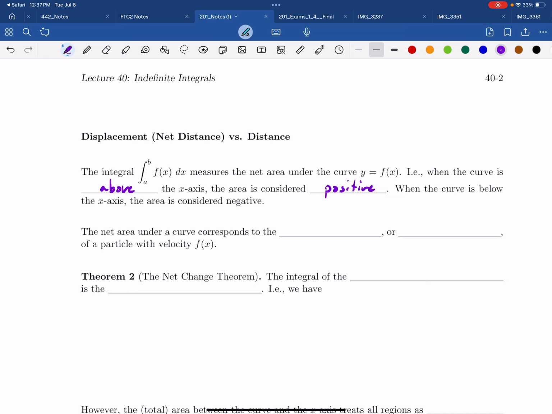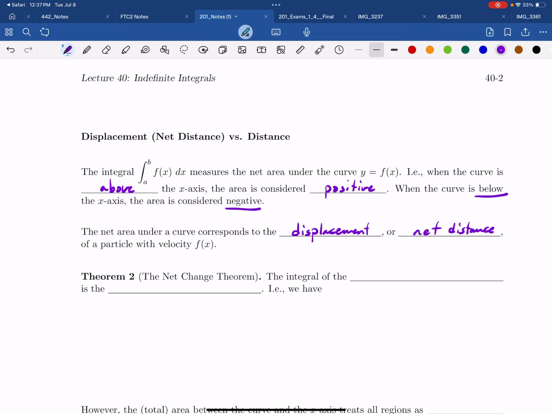When the area is below the x-axis, the area is considered negative, right? And so the net area of a curve corresponds to the, you could say, displacement or net distance of a particle with a certain velocity.